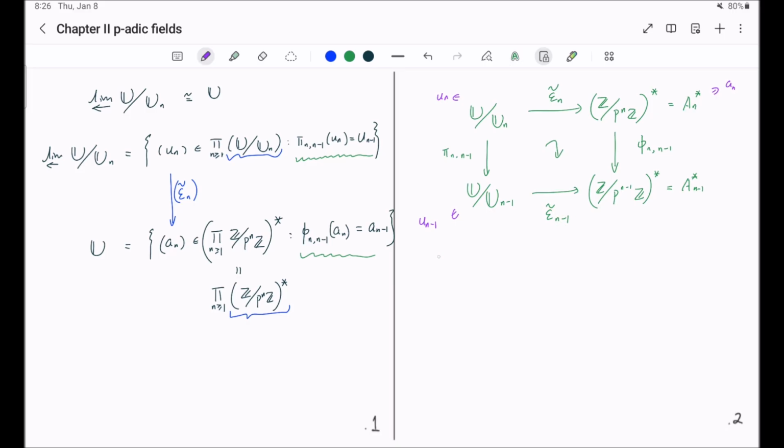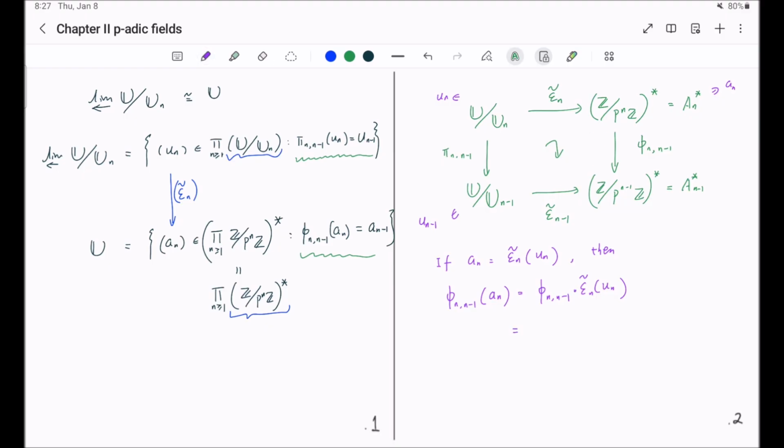More formally, if a_n is equal to epsilon sub n tilde of u_n, then phi sub n,n-1 of a_n is equal to phi sub n,n-1 of epsilon sub n tilde of u_n.